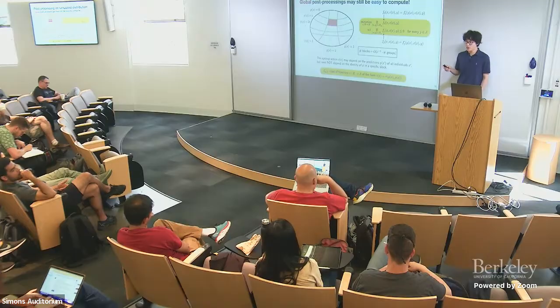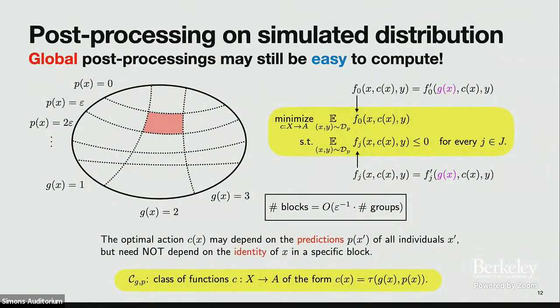So this is one small challenge that I want to mention: in order to solve the post-processing problem, we also need to know the probability that a random individual lies in each block. And in order to solve this problem, we notice that these probabilities do not depend on the actual optimization task we are trying to solve. So we can estimate these probabilities at training time and store these estimations together with the Omnipredictor to get a meta-Omnipredictor.